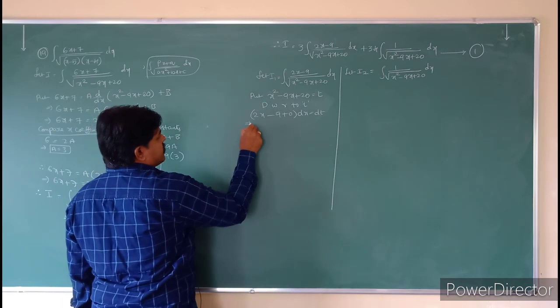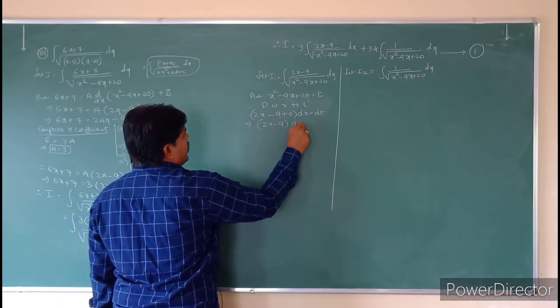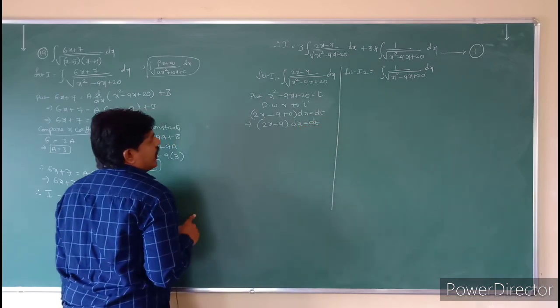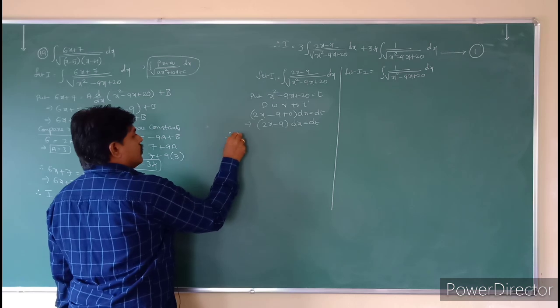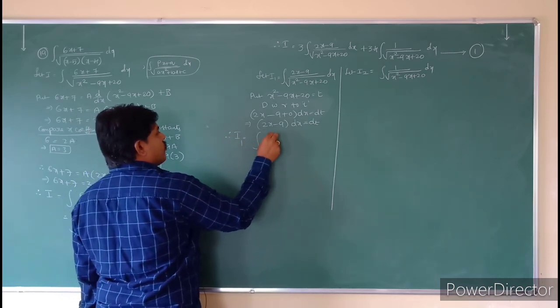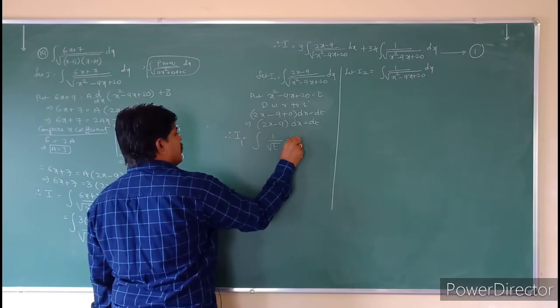So that implies 2x minus 9 into dx is equal to dt. Therefore I1 is equal to the integral of 1 by root t into dt.